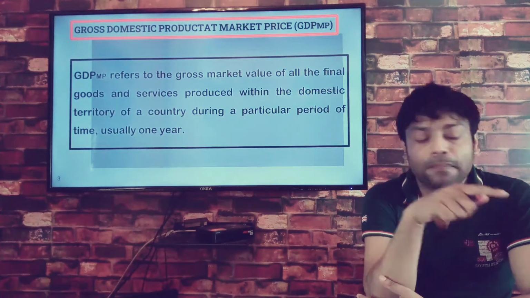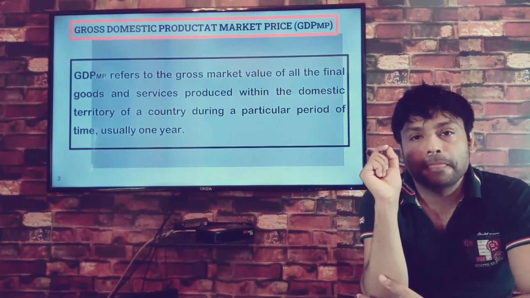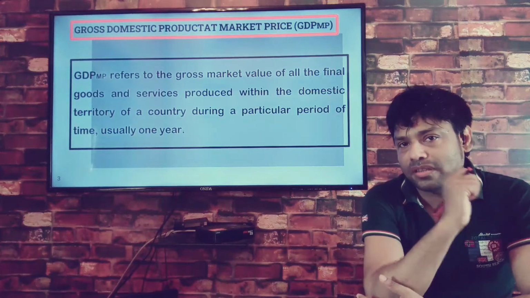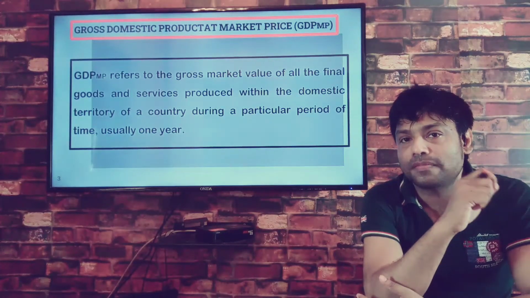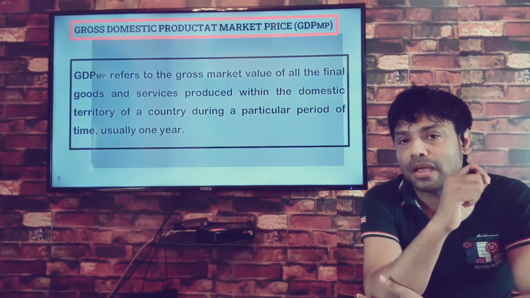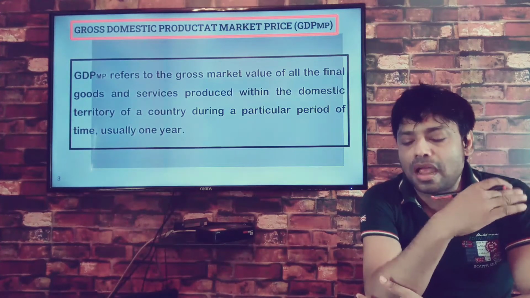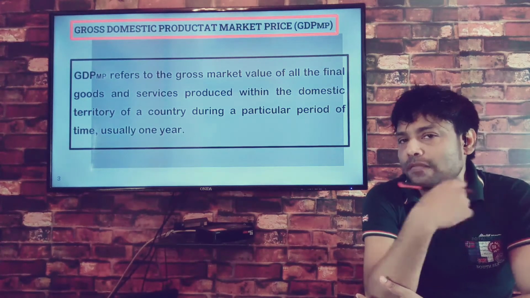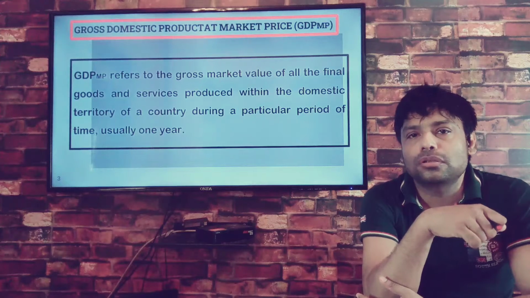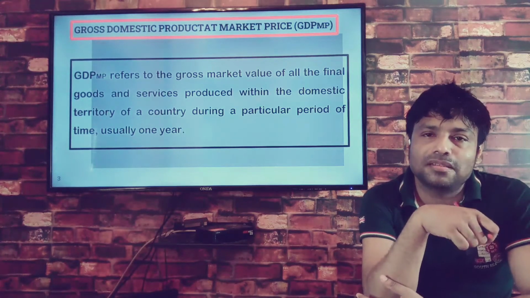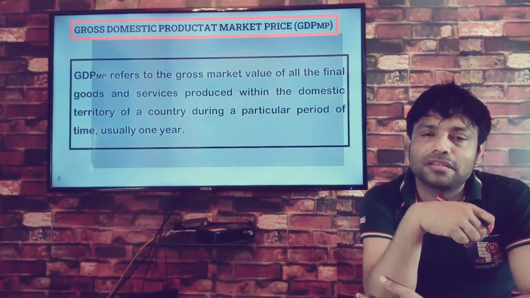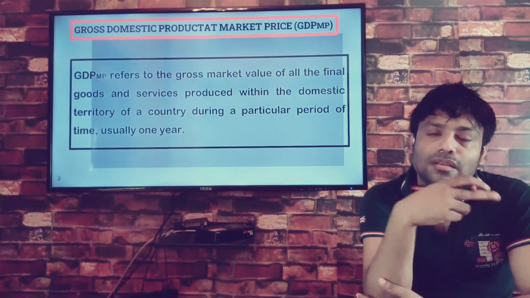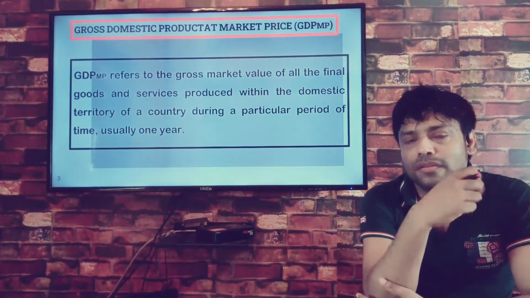And fourthly, finally, product in this definition signifies that only final goods and services have to be included. I am not mentioning any formula here because by making adjustments in GDP at market price, you can derive other aggregates or other formulas.